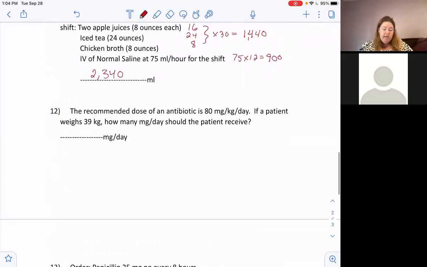The recommended dose of an antibiotic is 80 milligrams per kilogram per day. If a patient weighs 39 kilograms, how many milligrams per day should the patient receive? So we're going to end up with milligrams per day, and we start out with 80 milligrams per kilogram per day. So 80 milligrams per kilogram per day times 39 kilograms for one patient.